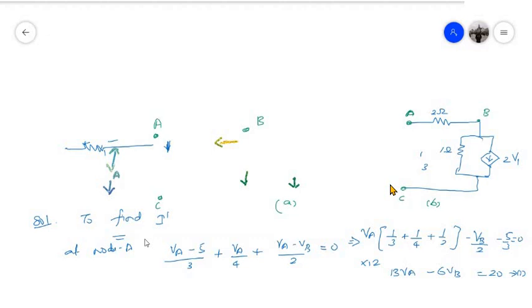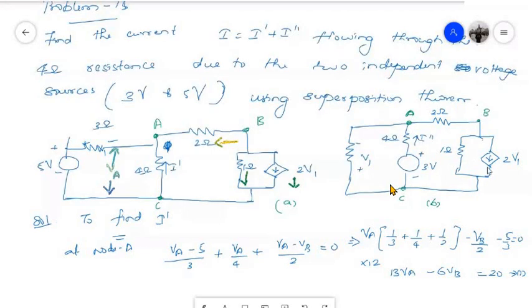Now take a closer look at this particular second circuit. So how is this V1 related with VA? See here, this is VA, right? Now what is this VA? VA is nothing but minus of V1. Look at the polarity here. This is minus plus, but here it is plus minus.